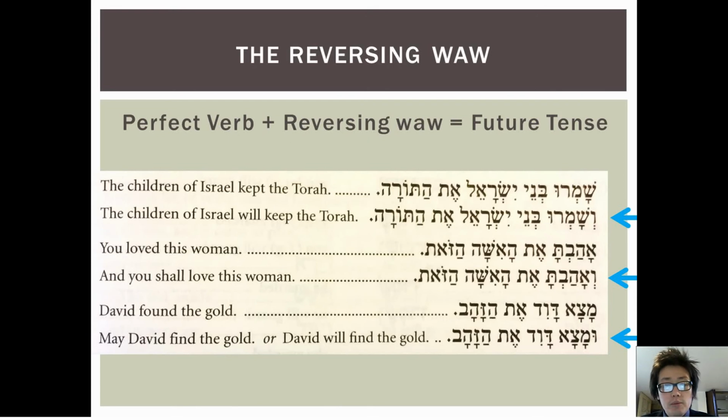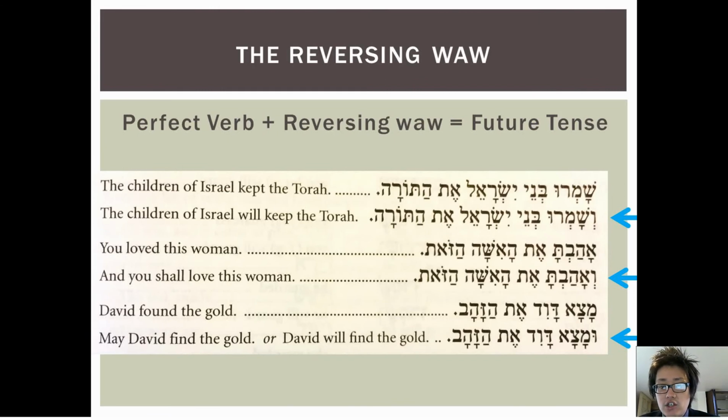So v'shamru b'nei Yisrael et haTorah, the children of Israel, or the Israelites, will keep the Torah. They will keep it. They will guard it. So you can see there a very, very simple shift from the past tense to the future tense. Let's look at another sentence.